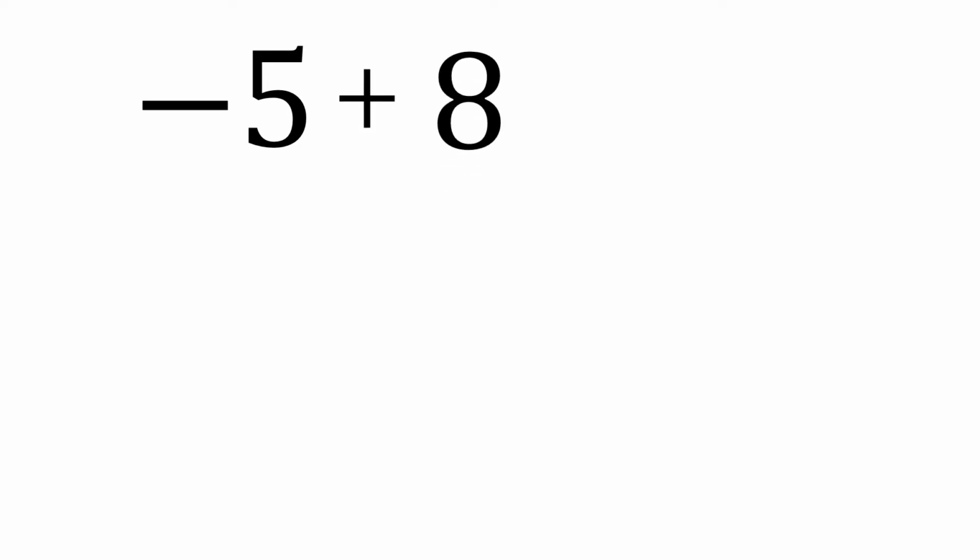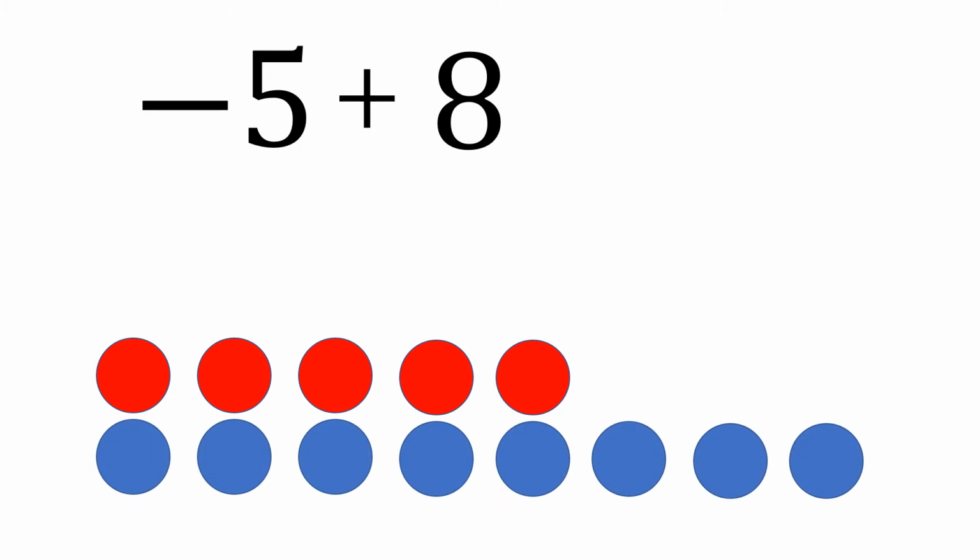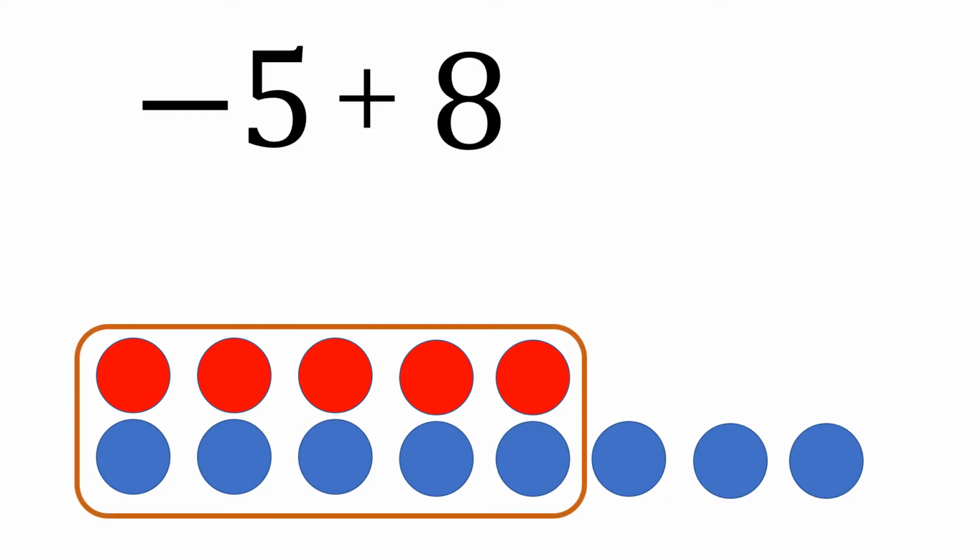So how about this? Negative 5 plus positive 8. So let's visualize these numbers. So we have 5 negatives and 8 positives. So we're going to add this. That means we're going to combine. Observe that we have 5 pairs of opposite signs.